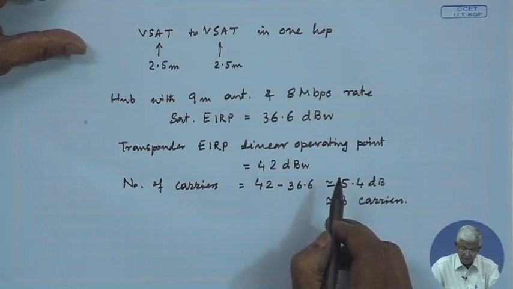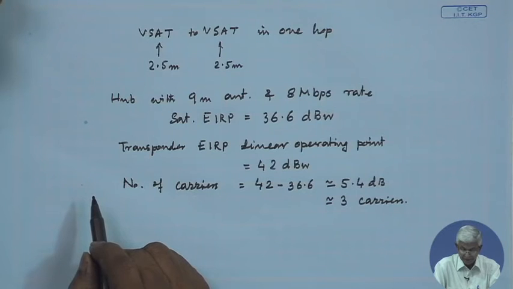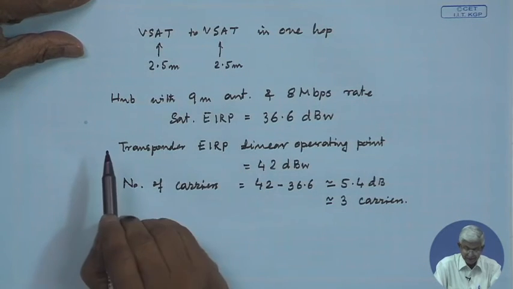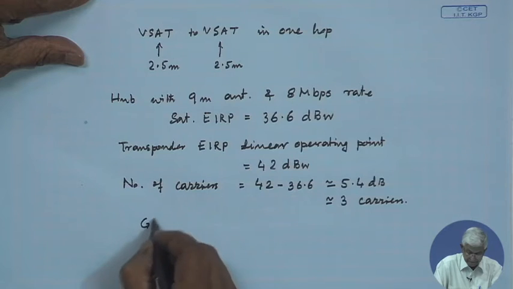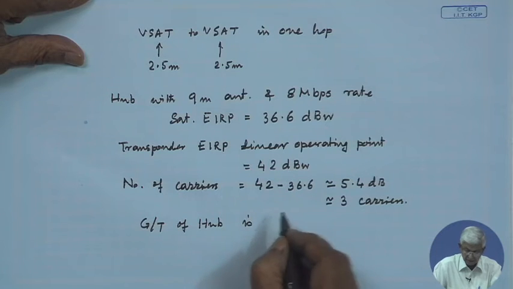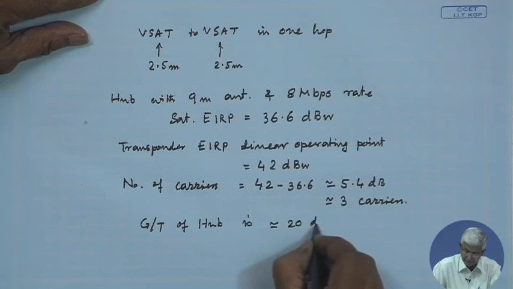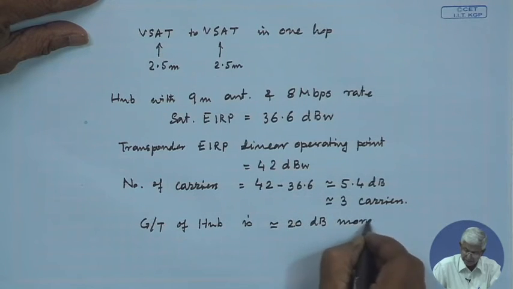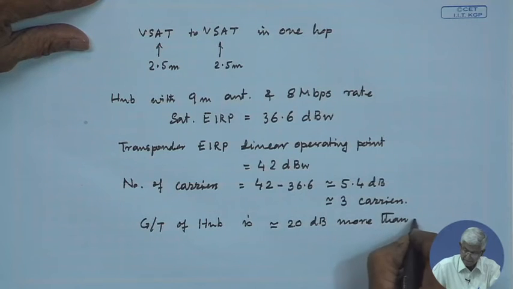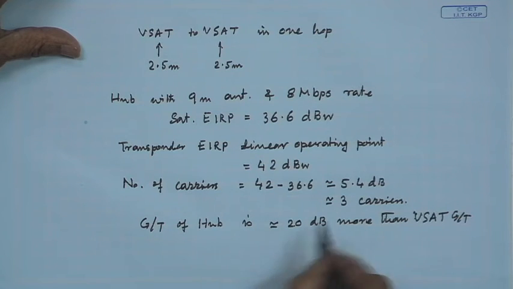But then if a VSAT is communicating to a hub, the hub antenna is 9 meter. So, its G by T of hub is quite large. It will be of the order of 20 dB more in this particular case than VSAT G by T, what we earlier calculated as almost near 20 dB per K or 19 point some dB per K, roughly approximately 20 dB.